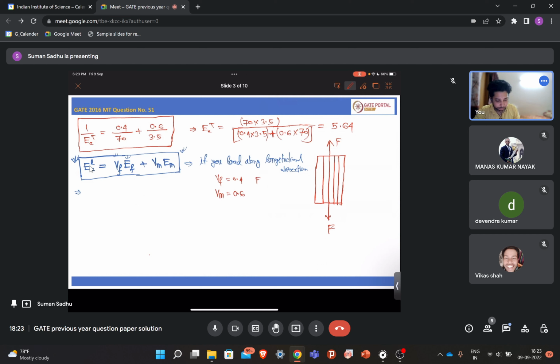EF is 70 gigapascal, and EM is 3.5 gigapascal. Now you can calculate what will be the elastic modulus in the longitudinal direction. Just let me know the answer after calculating.